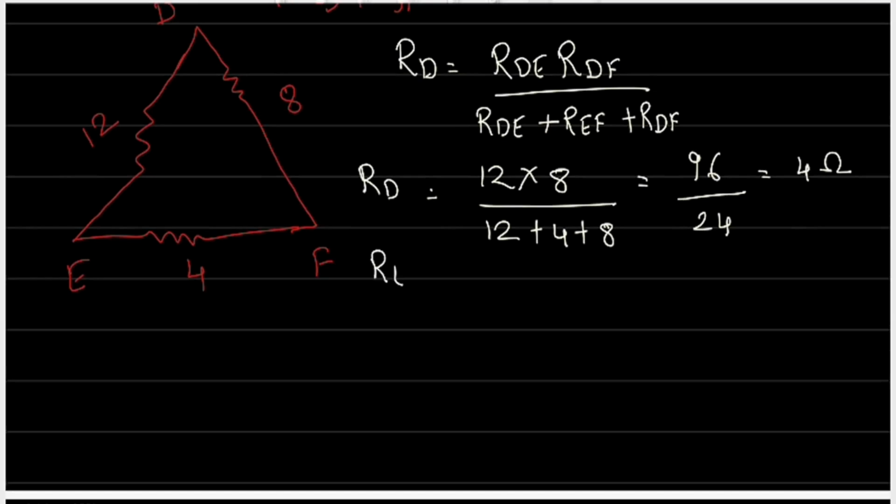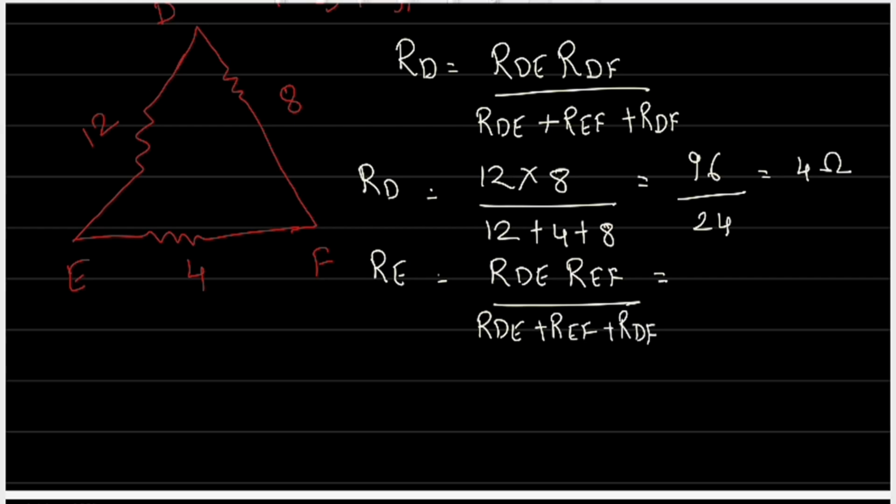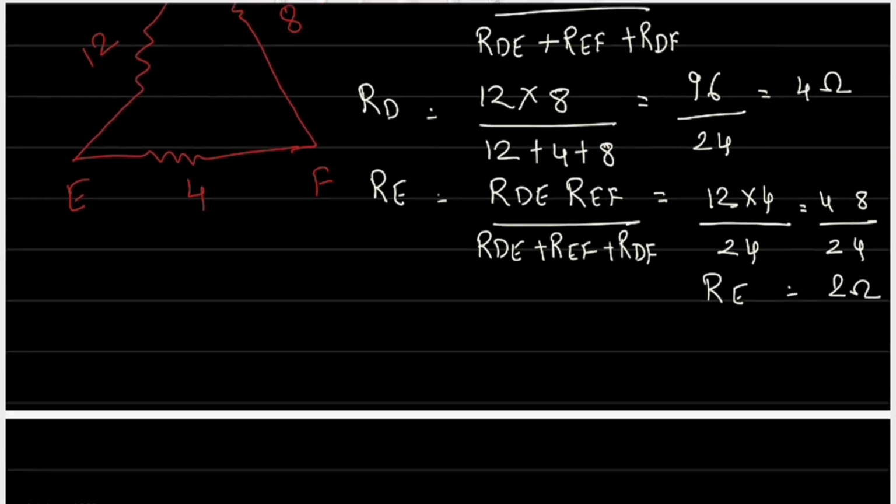Same way RE equals RDE into REF upon RDE plus REF plus RDF, which is 12 into 4 divided by the whole summation, giving us 24. So it would be 48 upon 24, which equals 2 ohm. So RE is 2 ohm.